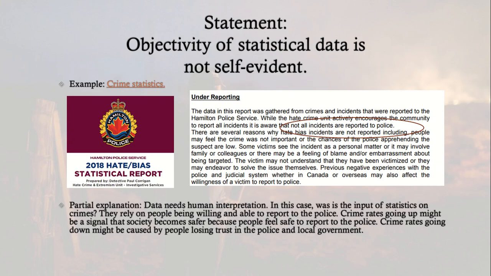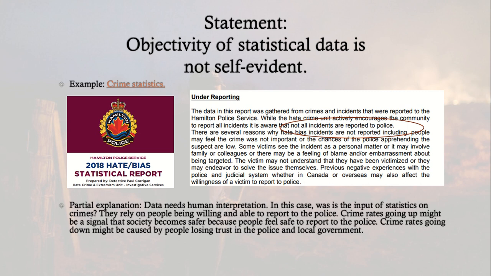The statement I make, that the objectivity of statistical data is not self-evident, might be exemplified by crime statistics. These are two screenshots from a statistical report from a local police force in Canada, and they try to cover the reality, the truth of all hate crimes in their area.